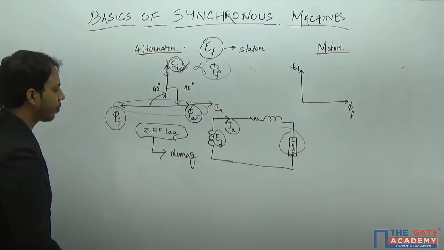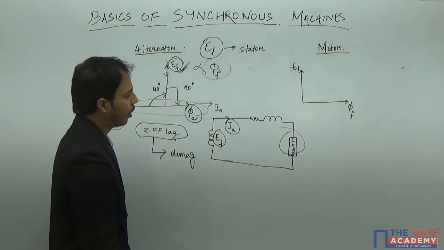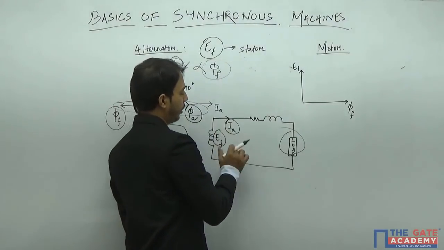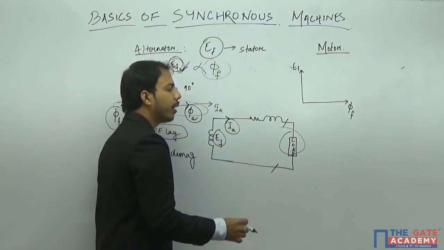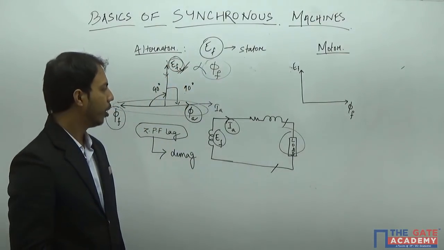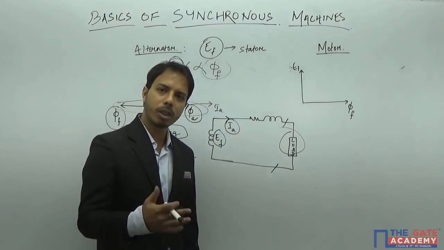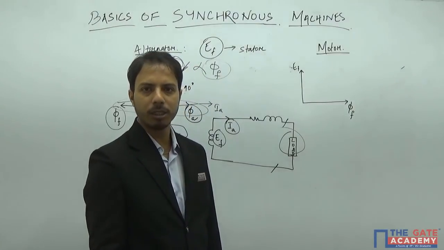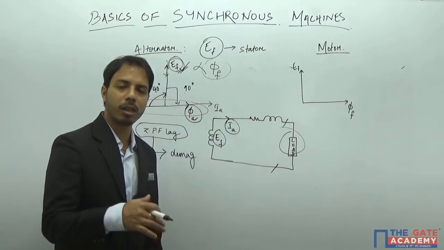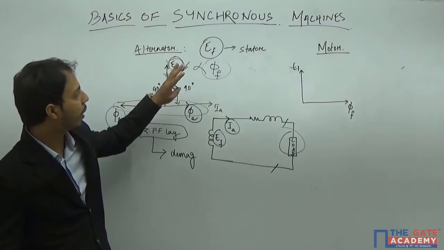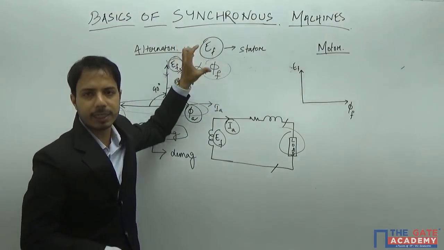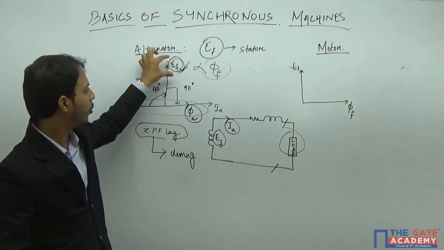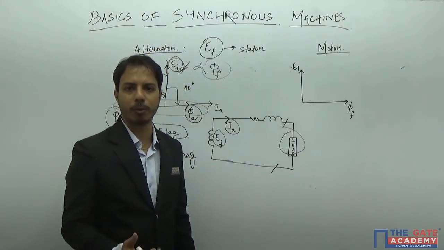Now suppose this particular generator is connected to a bus bar, and the load is again connected to the bus bar. So we need to maintain a particular voltage in the bus bar. Let us say I don't want this EF to fall down.